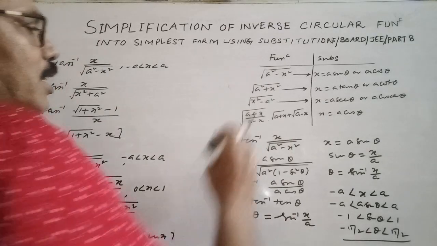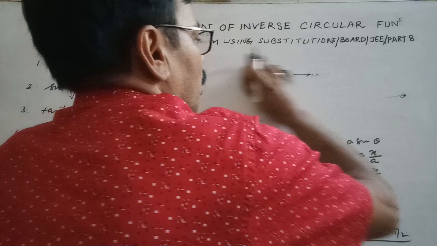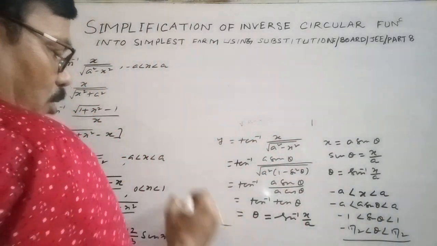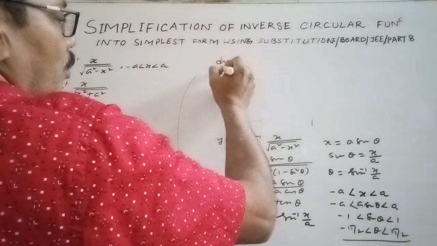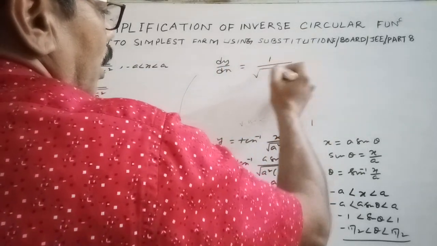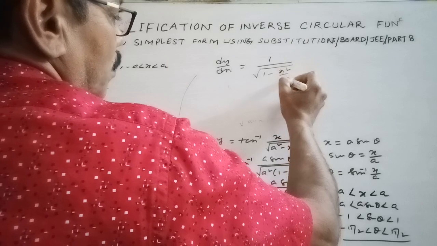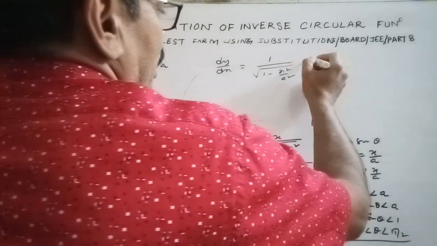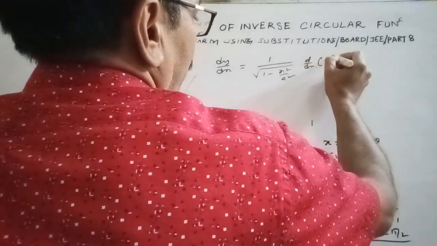So what is dy/dx? If we want to find dy/dx, sin inverse, so 1 by root under 1 minus x square by a square into d/dx of x by a.